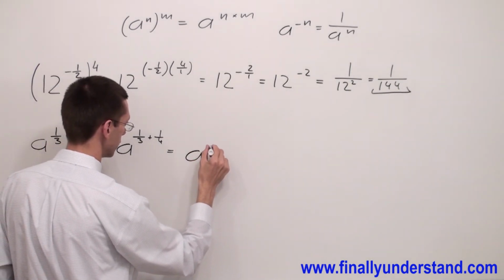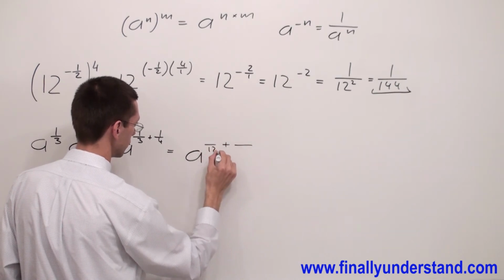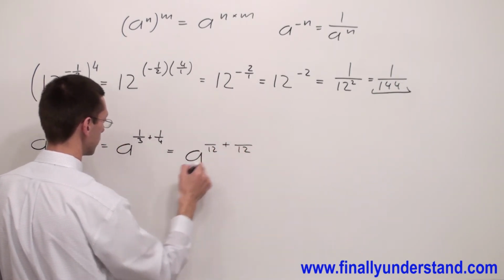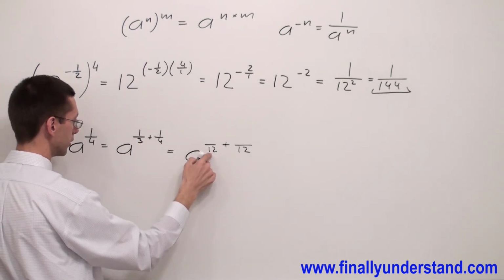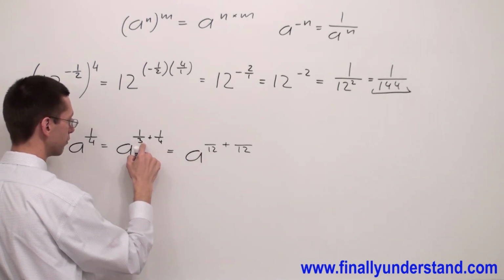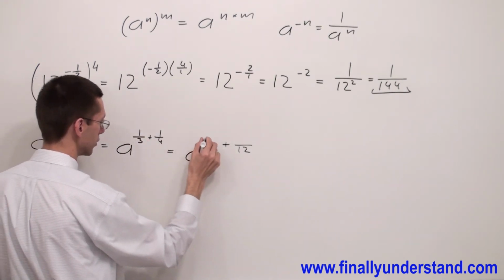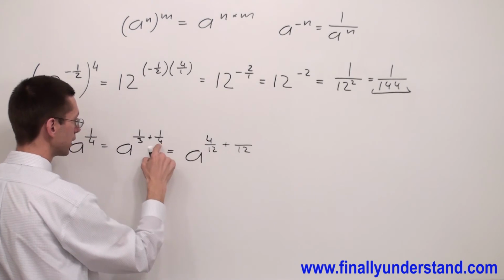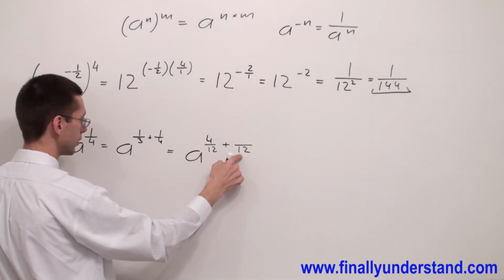So I have 12. By what number do I have to multiply 3 to get 12? I have to multiply by 4. Whatever I did in the denominator, I have to do also in the numerator. 1 times 4 is 4. By what number do I have to multiply 4 to get 12? I have to multiply by 3.